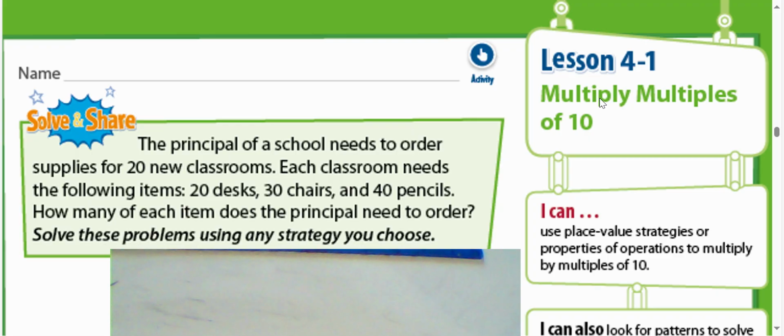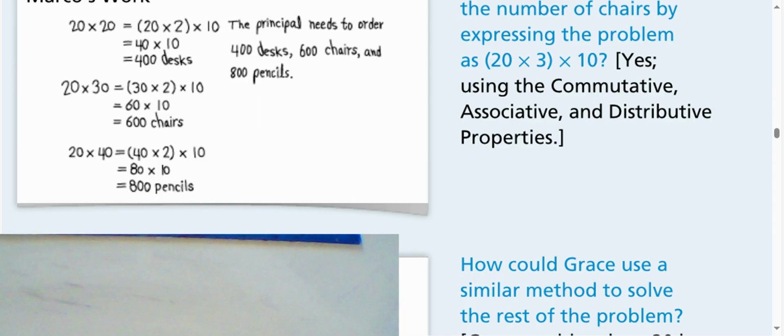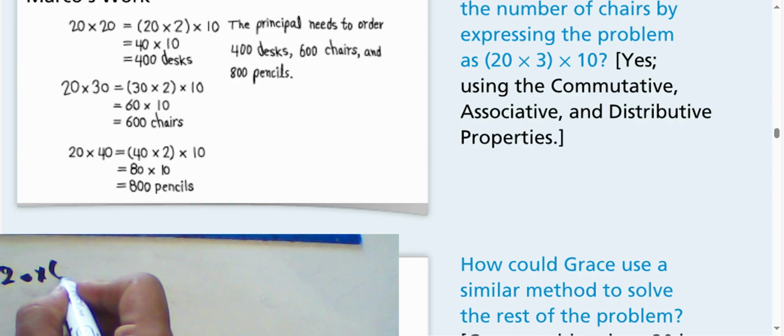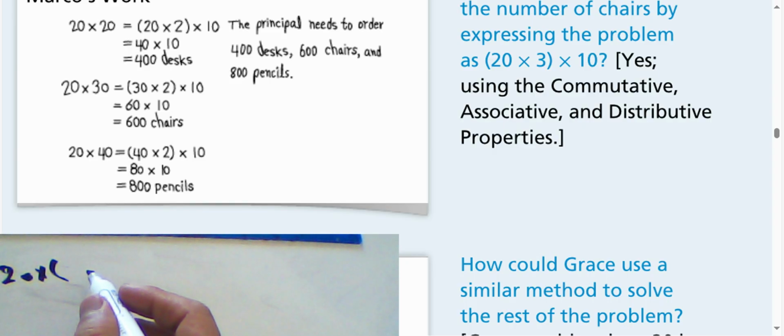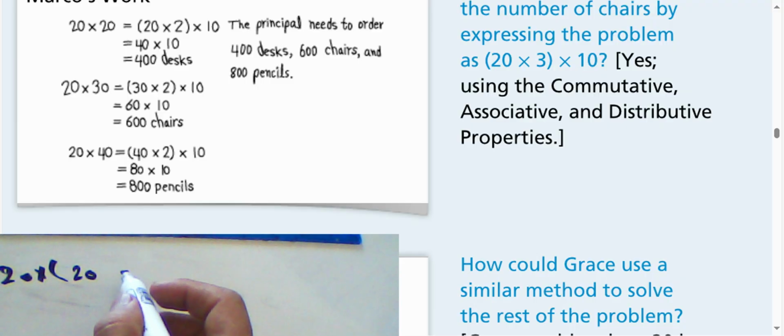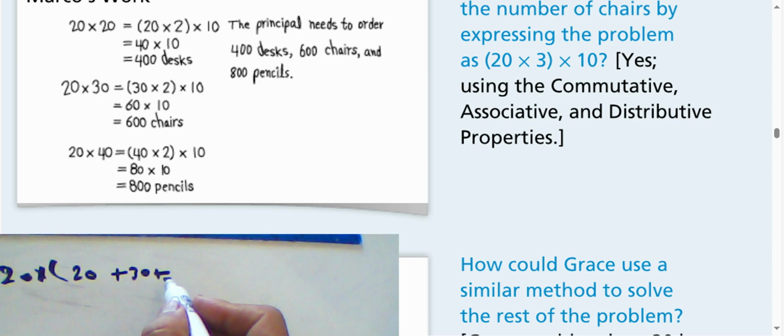Solve the problem using any strategy you choose. Okay. First strategy, we can write 20 times 20 and also 20 times 30, 20 times 40 to find the result. Or you can add together and write 20 times the sum of all items. We have 20 desks and 30 chairs and also 40.